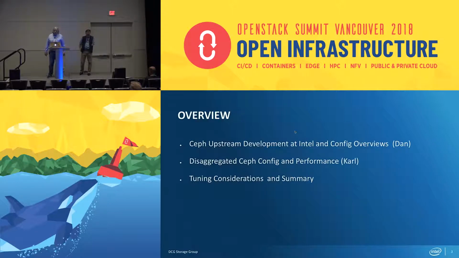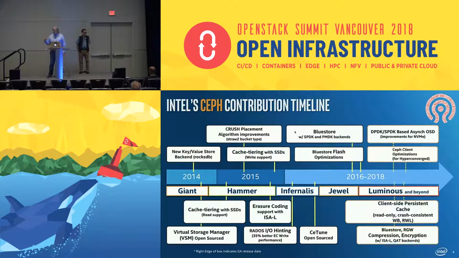This is what I'll go through. I'll walk through a couple of objectives, then Carl will walk us through the config and the performance. But just before that, apologies if any of you have seen this before, Intel is fairly active, as I'm sure a number of you are, in the Ceph upstream community. This is a look over time of not all of the things Intel's done, but some of the more significant things that, when I talk to the community, they're interested in.